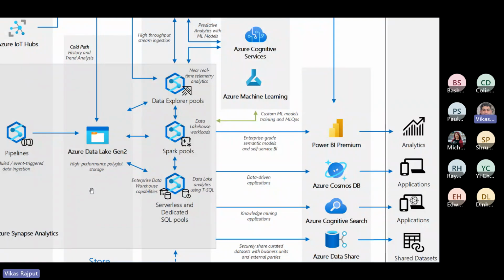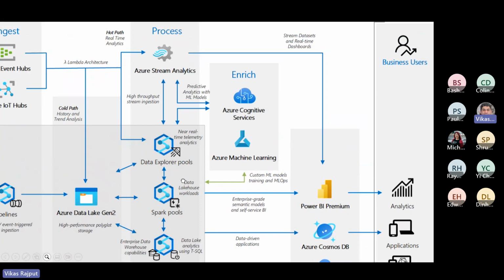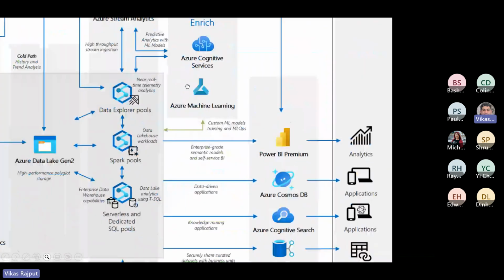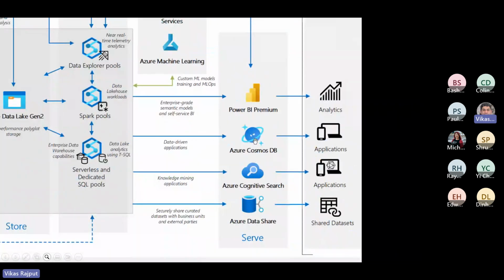So these are not the same service. They are separate consumption patterns, if I may call that out. And from there on, different things can happen. This can go into cognitive services, to Power BI, to Cosmos for further application integrations, data share or cognitive services, whatever you have. So sky's the limit there, I guess.